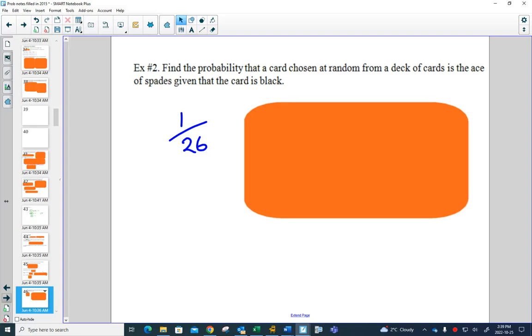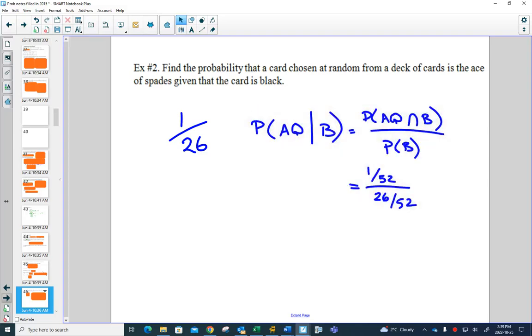If you wanted to use the formula, this is what it would look like. Probability of ace of spades given that it was black. What's the probability of ace of spades and black at the same time? There's only one of them out of all 52. Then the probability of the black cards, there's 26 out of the 52.